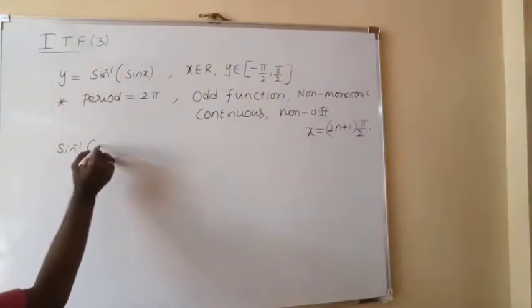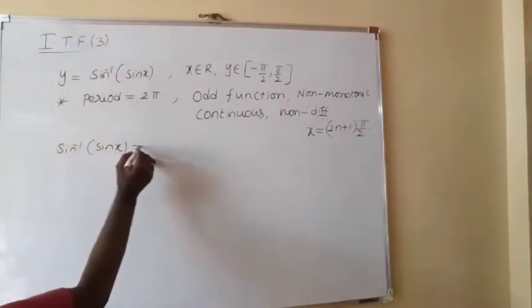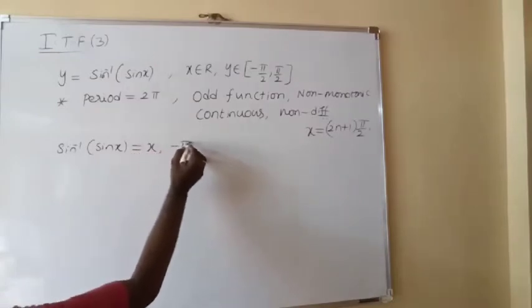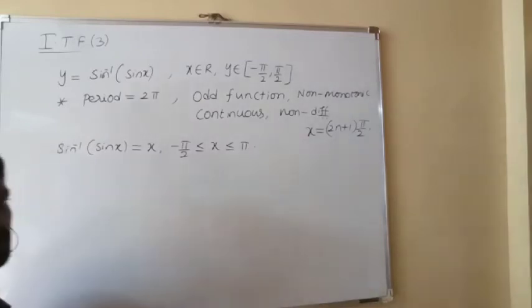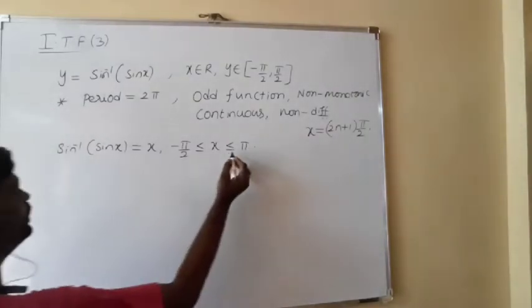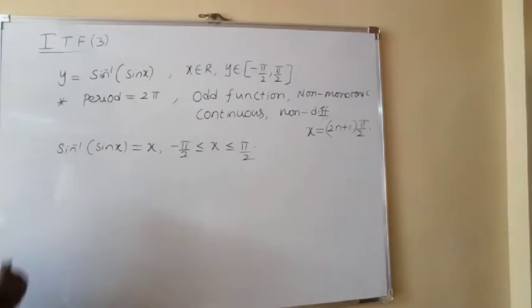Now, earlier we learned sin inverse of sin x is equal to what? x only when x lies between minus pi by 2 to plus pi by 2. Am I correct? Okay. Only minus pi by 2 to plus pi by 2.